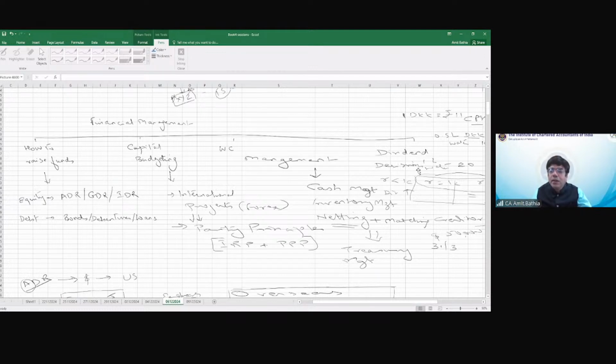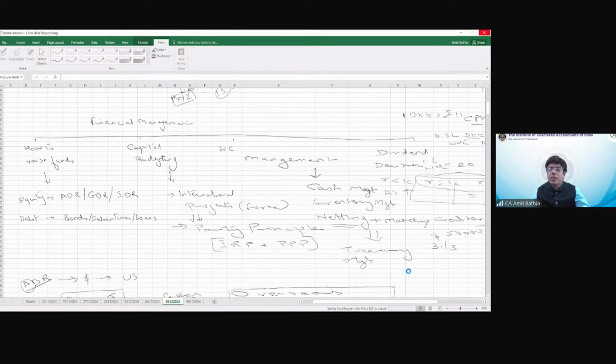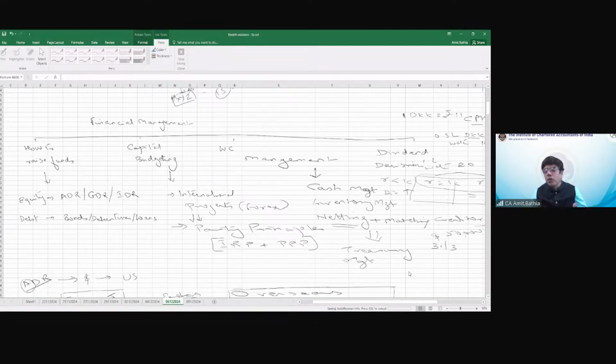And then dividend decisions. Dividend decisions basically is all about how to, from an organization point of view, we had discussed that also last time around. It will depend on whether you are able to generate a return which is greater than cost of capital or not. If R is greater than K, then you will obviously want to retain the returns, right?